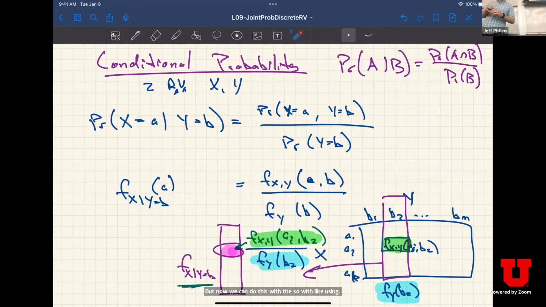All right, so I'm hoping this mostly seems pretty straightforward. The reason I'm taking a lecture to define this stuff is that we're going to do the continuous joint random variables next, and we're going to have to redo all this. But instead of sums, we're going to have integrals.